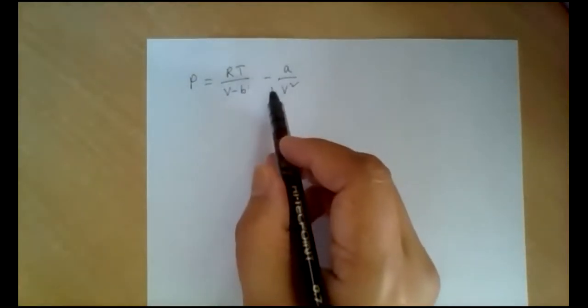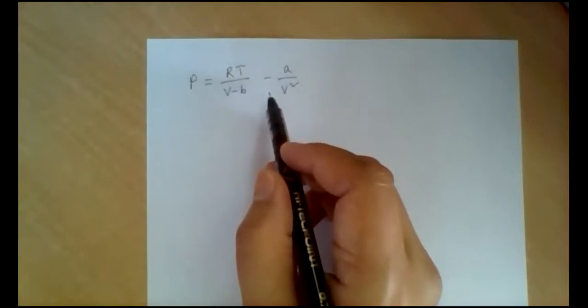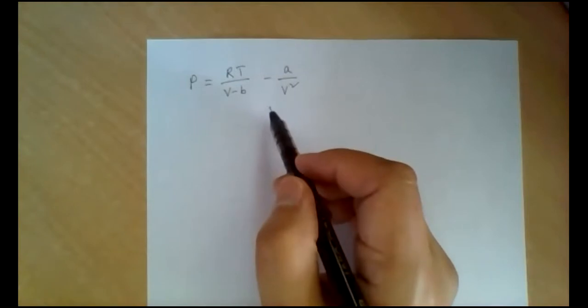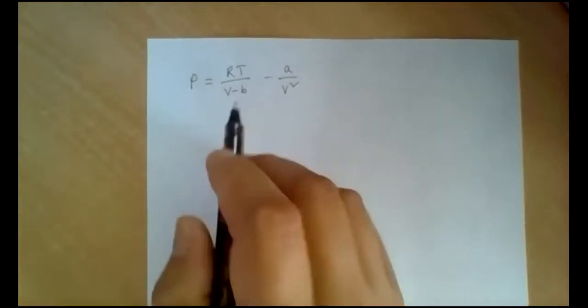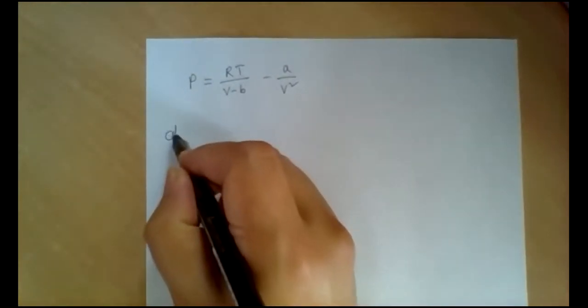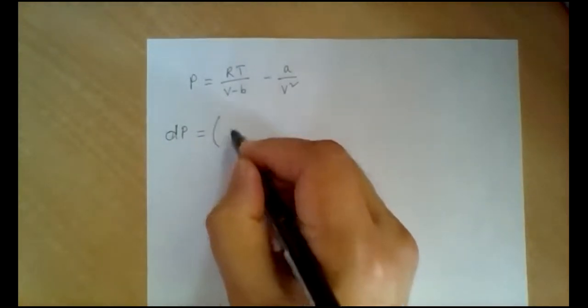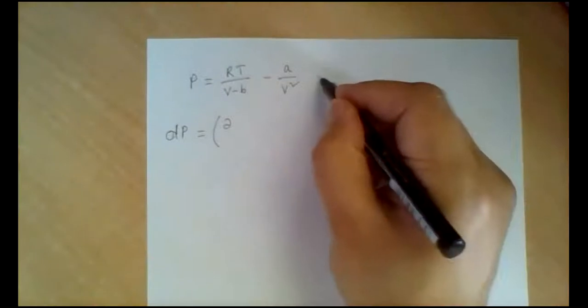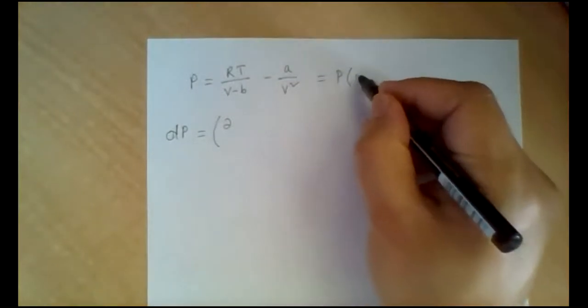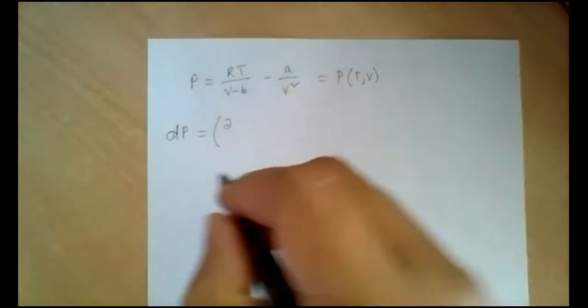Here A and B are constants, characteristic of the particular gas. Then dP, the total differential of pressure, is given by the following. This P is a function of temperature and volume.